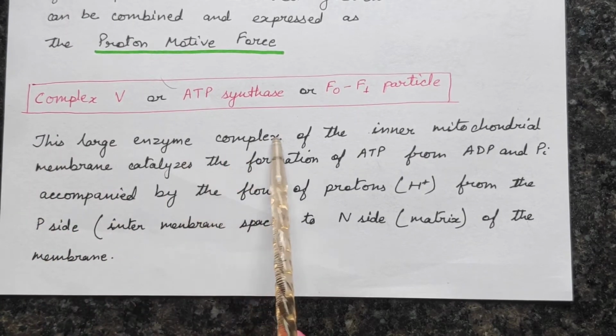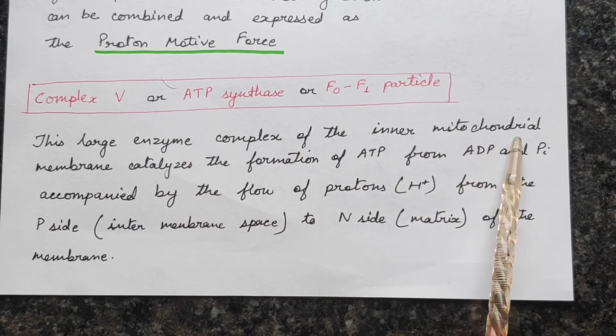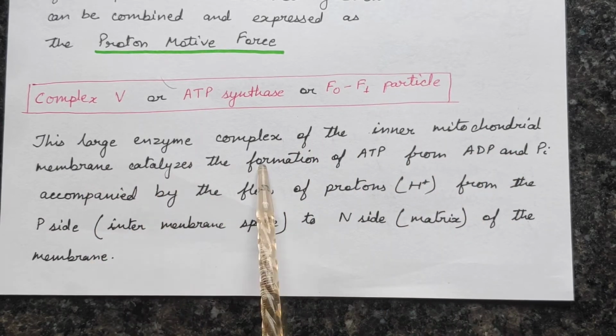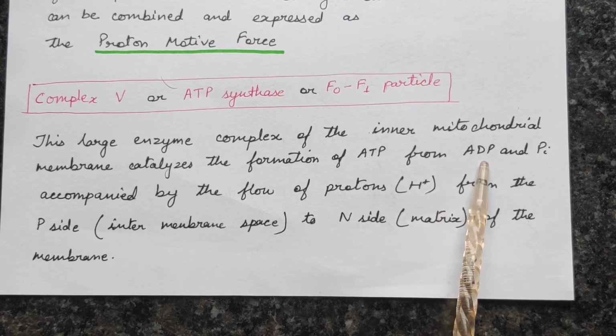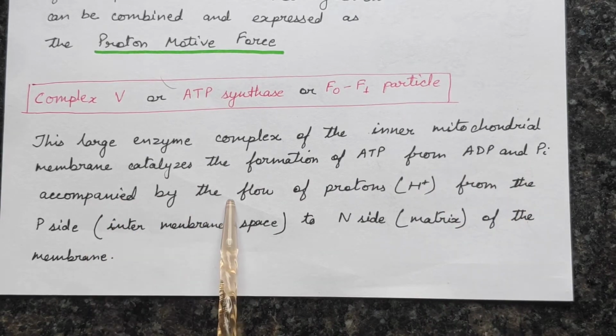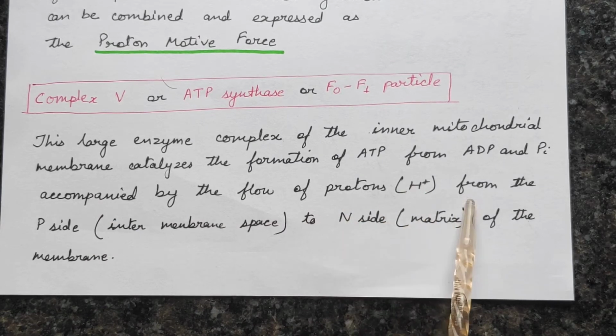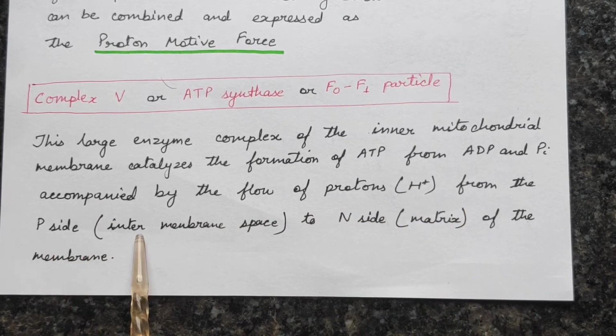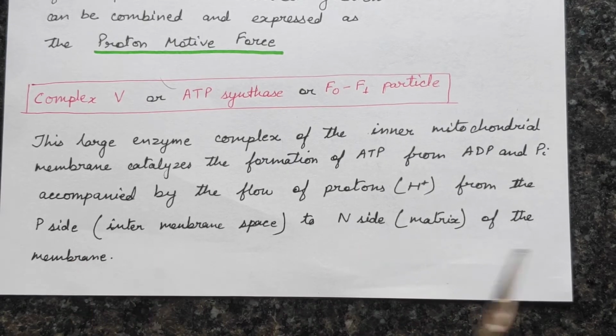This large enzyme complex of the inner mitochondrial membrane catalyzes the formation of ATP from ADP and Pi, that is inorganic phosphate, accompanied by the flow of protons, hydrogen ions, from the P side, that is the intermembrane space, to the N side, the matrix of the membrane.